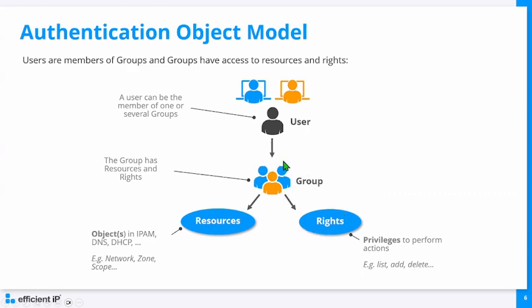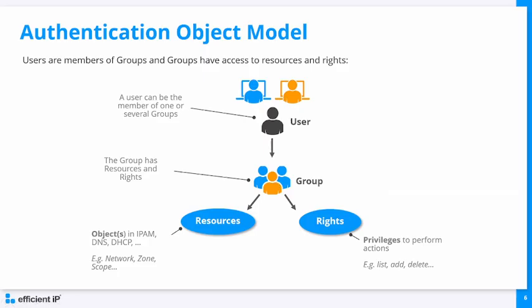The right for managing the resource, or the permission for managing the resource. Everything is linked using a group. So the resource is assigned to the group, the right is assigned to the group, the user is also assigned to the group.